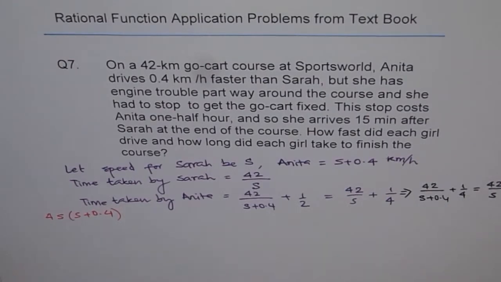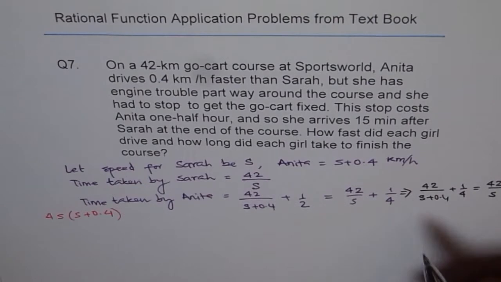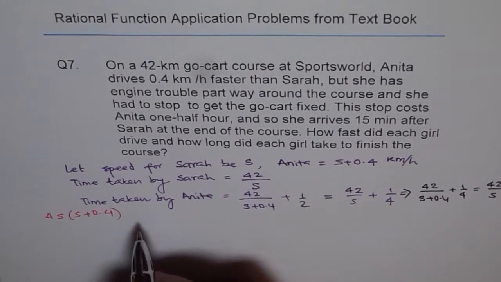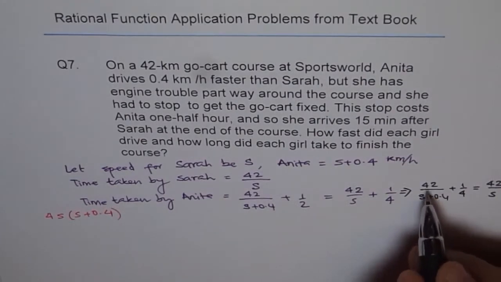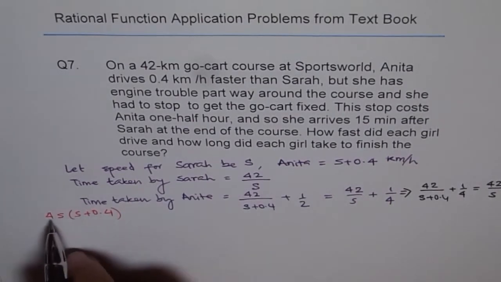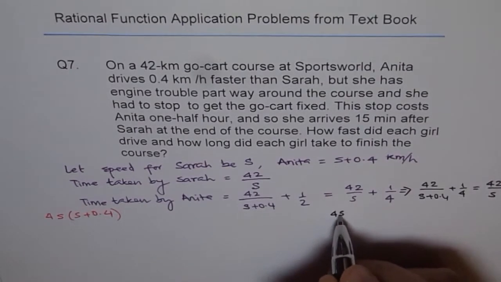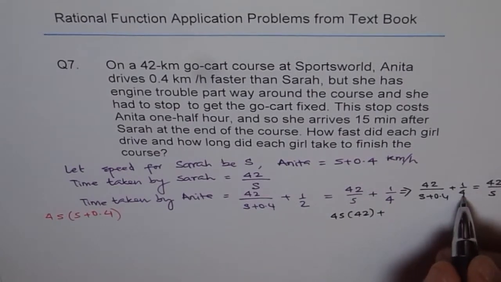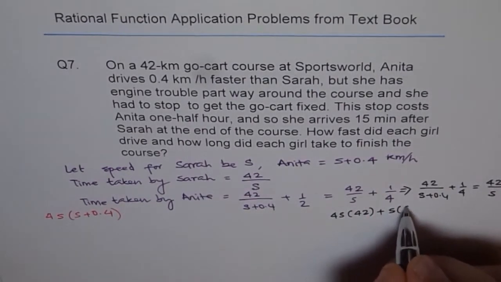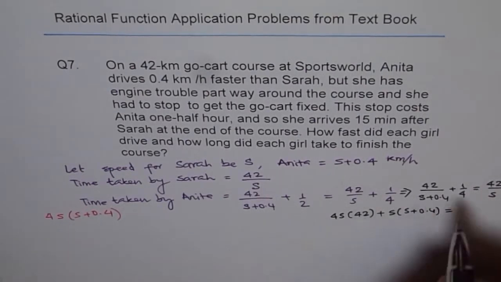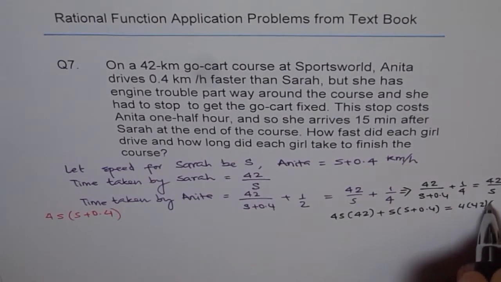And with this we are going to multiply, correct? So let me do this calculation here itself. 4 times s plus 0.4 gets cancelled, we get 4s times 42, plus, with the 4 cancelled, we get s times s plus 0.4 equals, and here s gets cancelled, so it is 4 times 42 times s plus 0.4, correct?